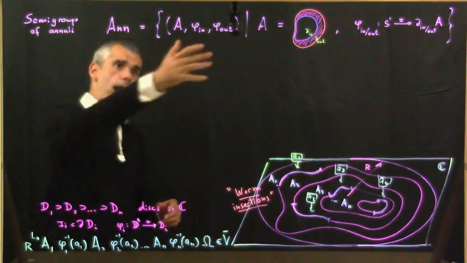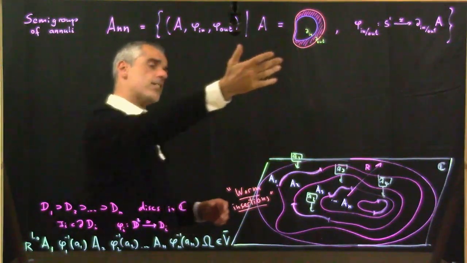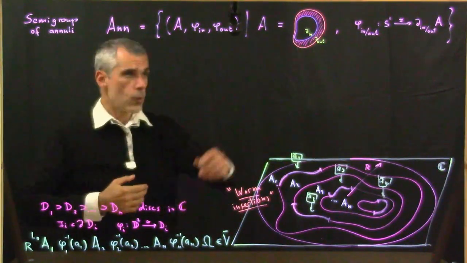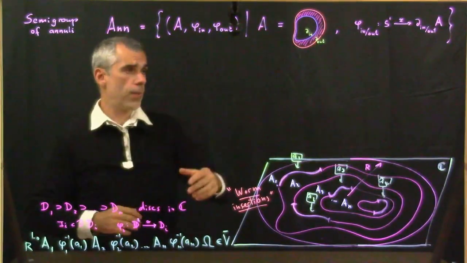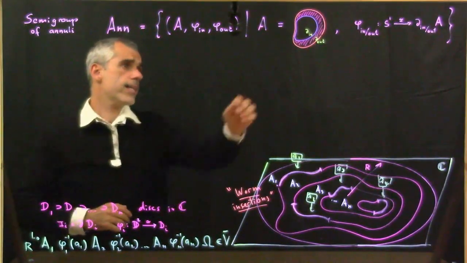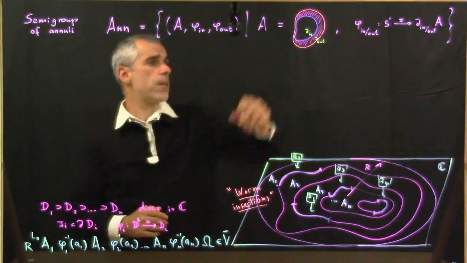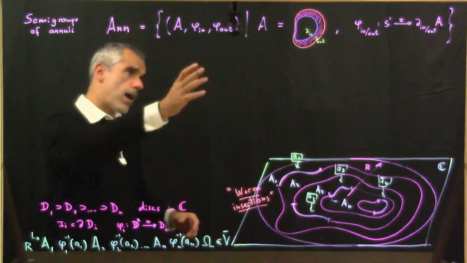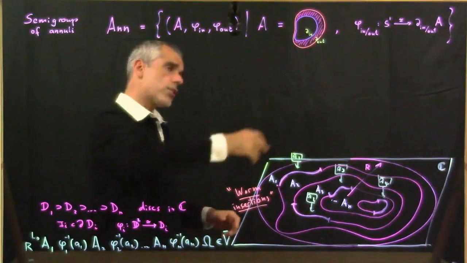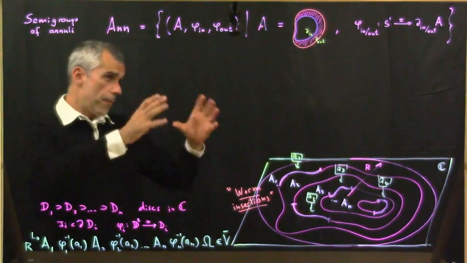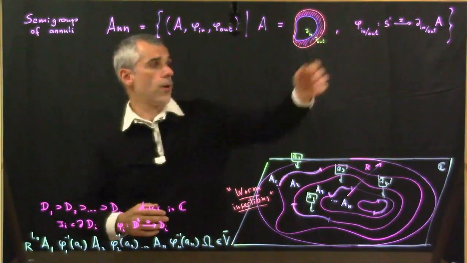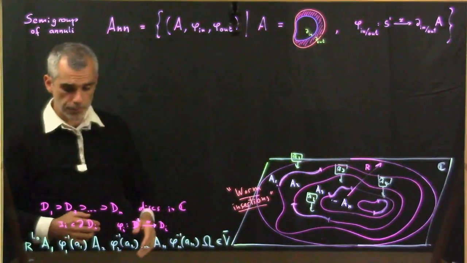So an annulus, an element of the semigroup of annuli, is just, well, you draw two smooth closed curves in the complex plane, one inside the other, and it is the space that's contained in between the two of them. And these annuli come with chosen parameterizations of the inside boundary and the outside boundary by S1. So a chosen diffeomorphism from S1 to those boundaries.